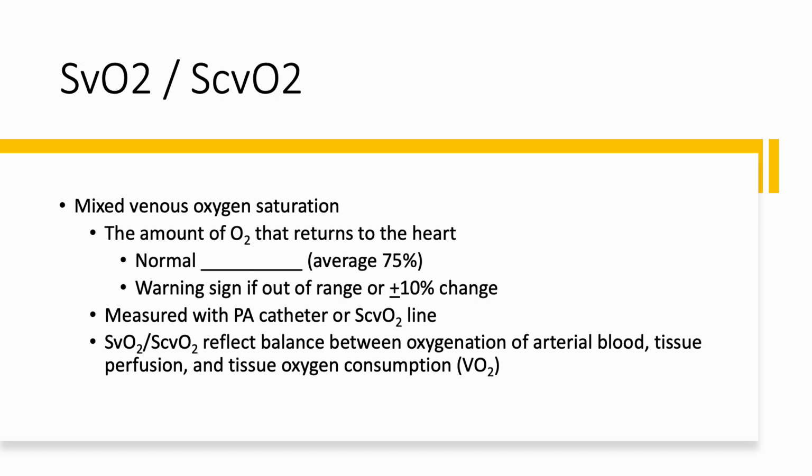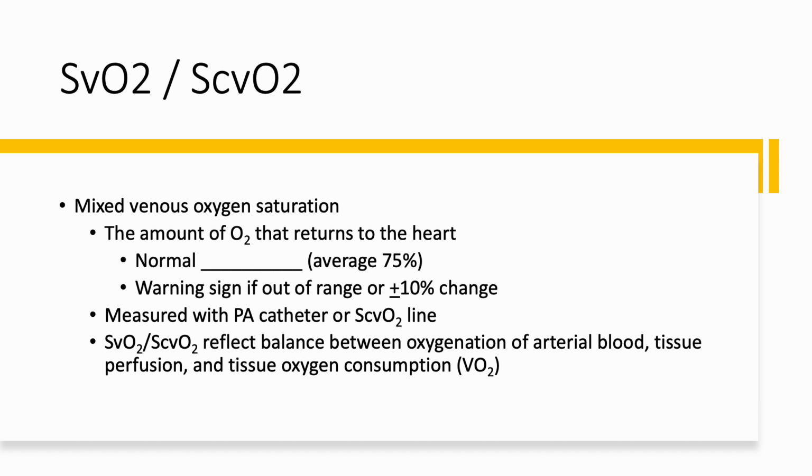Mixed venous oxygen saturation, or SVO2, reflects the amount of oxygen returning to the heart. Normal value is approximately 75%. It's considered a warning sign if the value is out of range or changes by more than plus or minus 10%. It's measured using a PA catheter or a variation called SCVO2 through a central line.